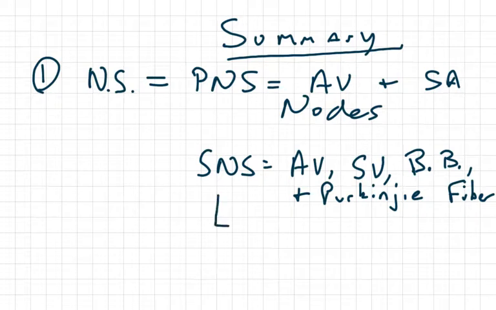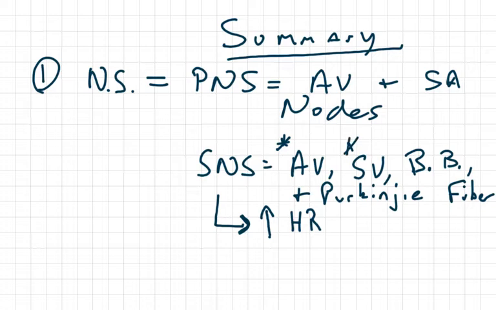And the reason for the SNS having greater innervation is because we know that the sympathetic nervous system causes increases in heart rate, and it does that through affecting the AV and SA nodes.